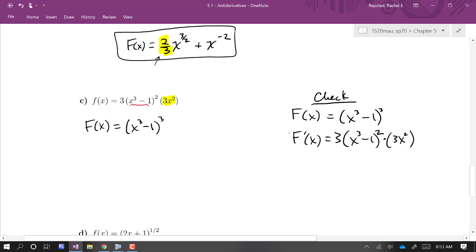And that is, in fact, equal to the function they gave us. So as we're finding antiderivatives, one of the things we want to be on the lookout for is, was the chain rule used? A big part of that is seeing that this piece that I see here happens to be the derivative of this other piece that shows up.